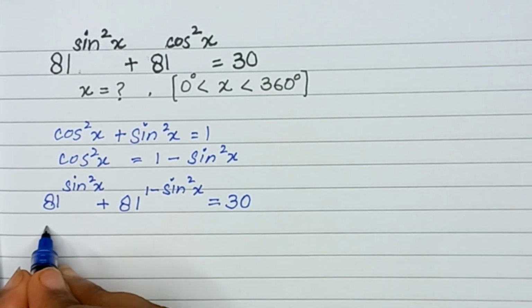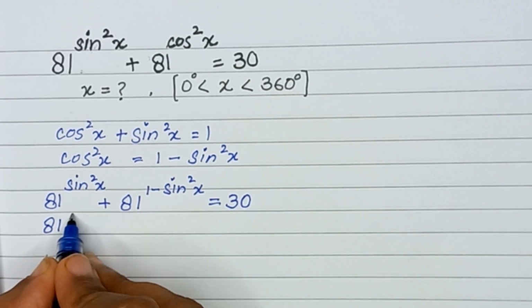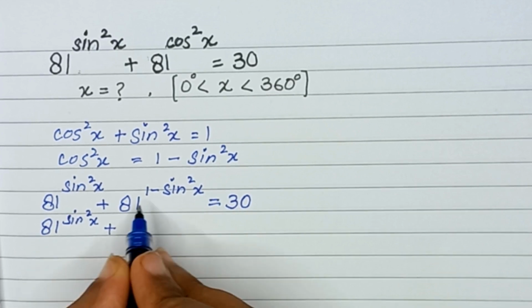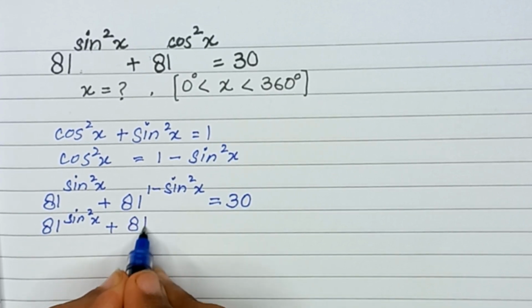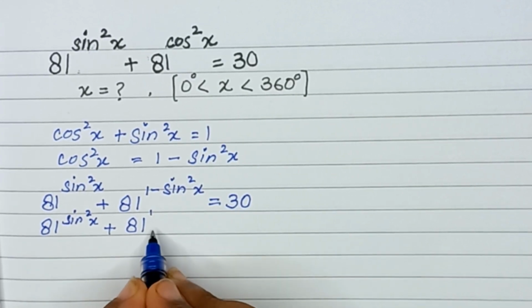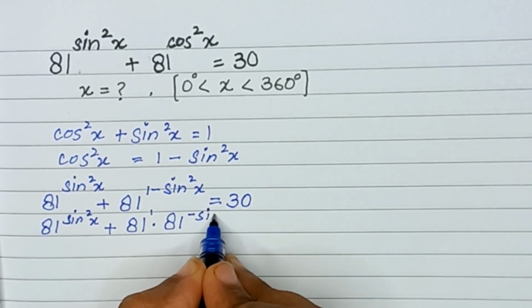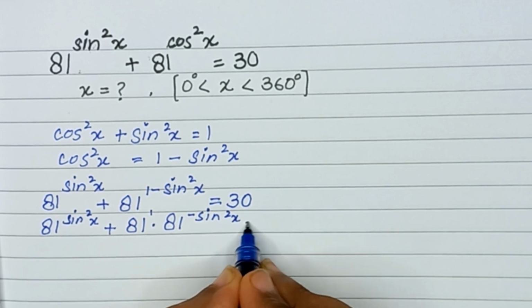So from here it will become 81 raised to the power sine square x plus, we can write it as 81 raised to the power 1 into 81 raised to the power minus sine square x, which is equal to 30.